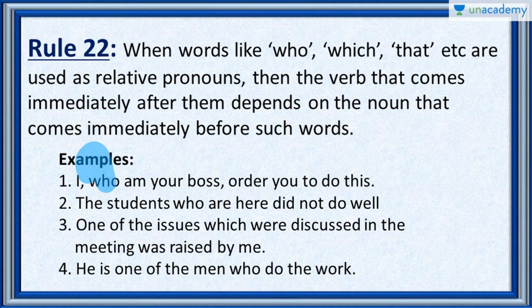After who, the verb should be according to I, because I is immediately before who, and the helping verb used with I is am, as you all know. So I who am your boss, not I who are your boss, that is wrong. I who am your boss order you to do this.